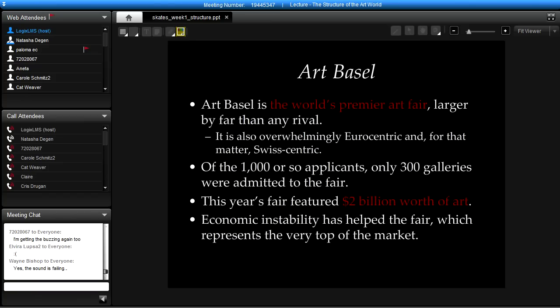Which is a relatively, it's not the most, certainly not the most expensive fair, nor is it the most prominent fair, but the minimum for the smallest stand in the fair would total about 13,000 euros.